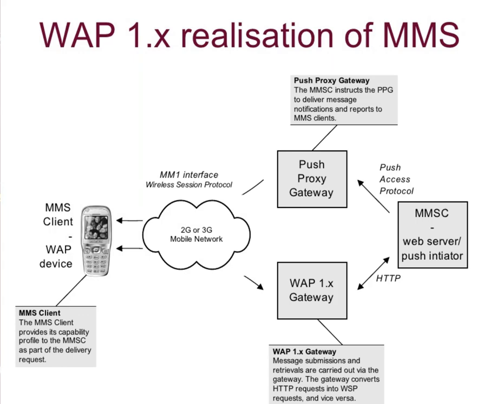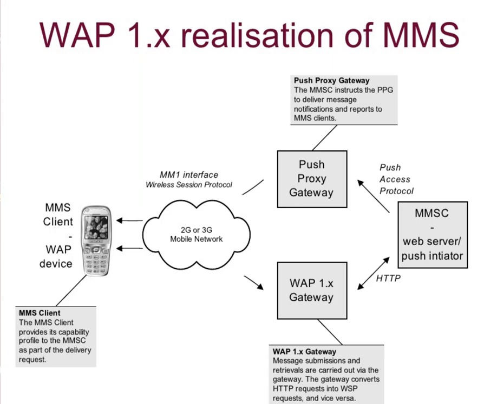Not in a perfect way, but you can consider this diagram for your structure, where the MMS client provides the capability to deliver requests. It generates specific messages. These messages are transferred with the MM1 interface, that is the wireless session protocol, over the networks. Over the network, the gateways or web gateways are responsible for converting these requests into the form of the server system.